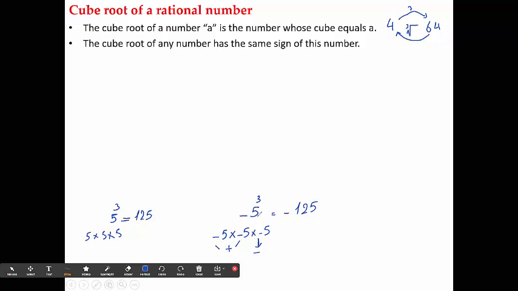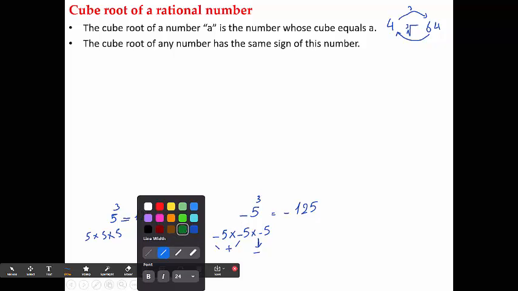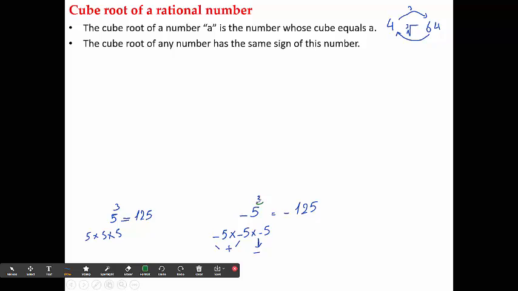So in the cubed, if we have a negative number, the cubed number will also be negative. And if the number is positive, the cubed number will also be positive. It is the same with the cube root. We said previously that the cube root is the inverse operation of the power, so we don't start with negative 5. We want to know what number multiplied by itself 3 times gives 125.